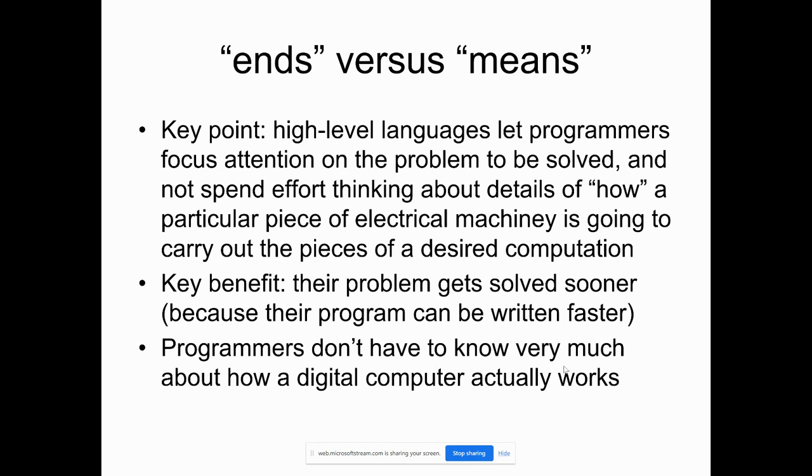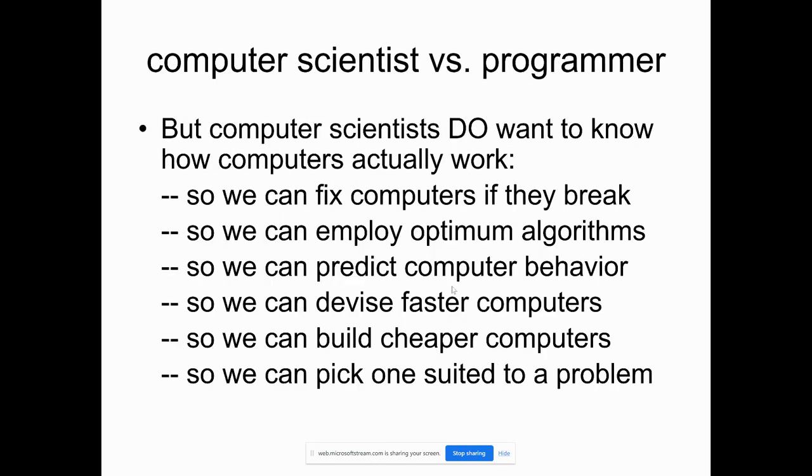Programmers don't have to know very much about how a digital computer actually works. Before we get into details about assembly language, I'm just explaining the difference between high-level languages such as C Sharp, Java, C++, Python, and low-level languages, which we're going to look at in a minute.